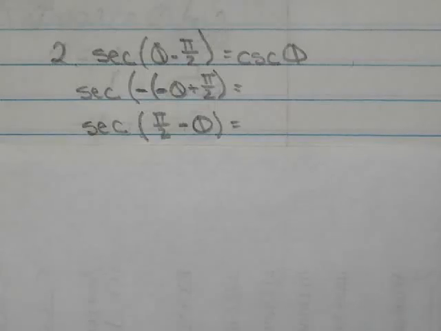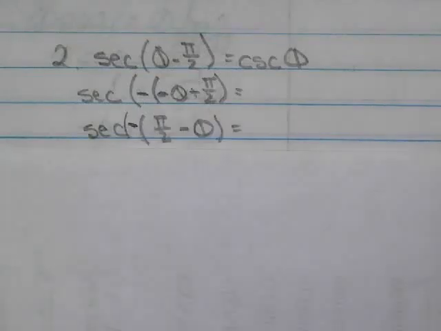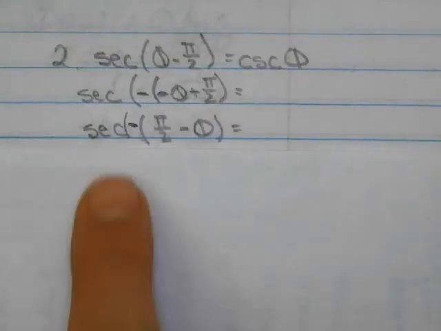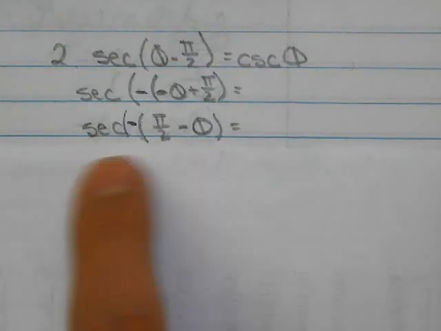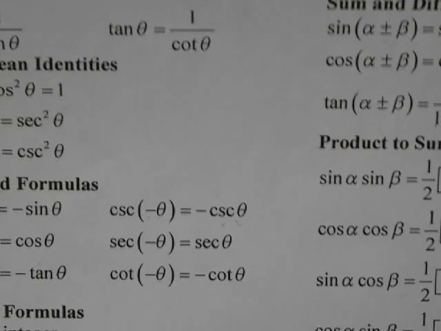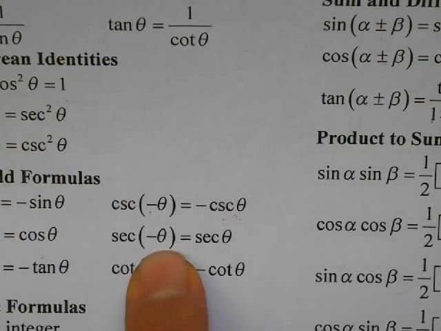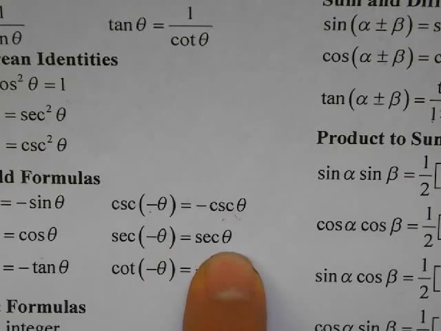Now that should be a negative out front there, because I still have this negative right here. Now, if I have a negative of this pi over 2 minus theta, this is just another angle, so I basically have secant of negative theta. We go to our even and odd function. A secant of a negative theta is the same thing as a positive secant of theta.